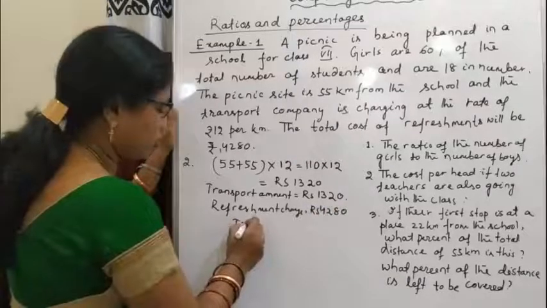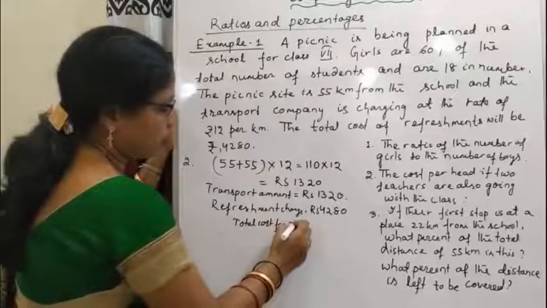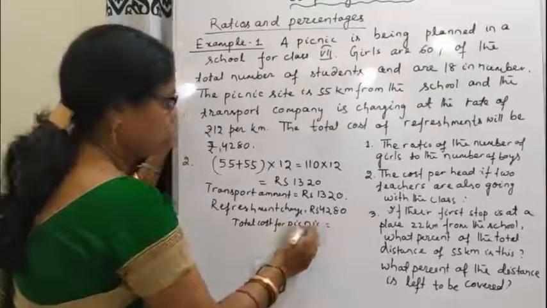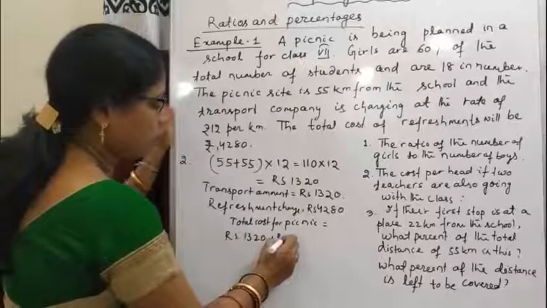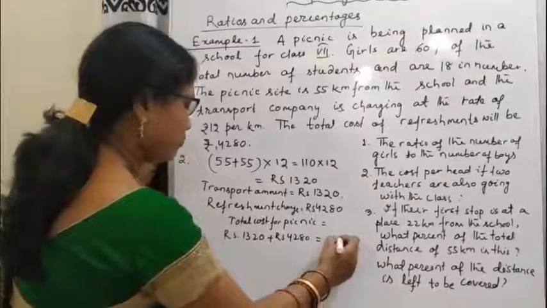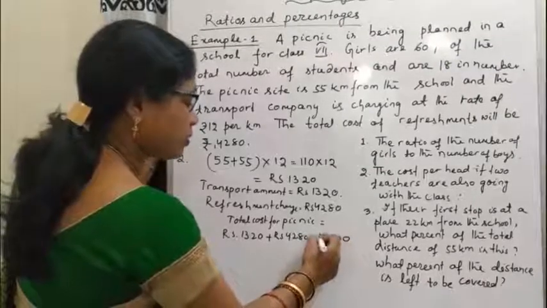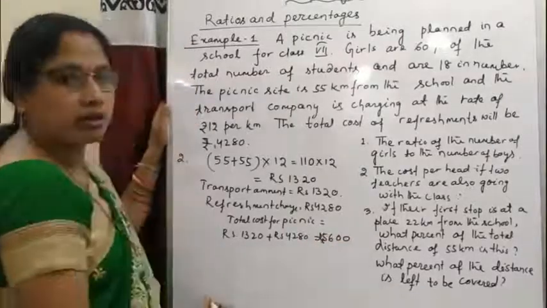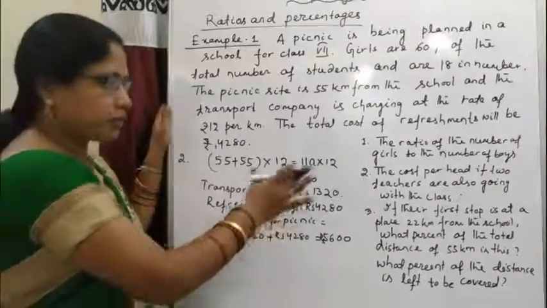So total cost for picnic is equal to rupees 1320 plus rupees 4280 is equal to rupees 5600.